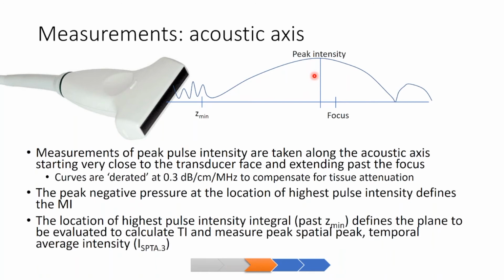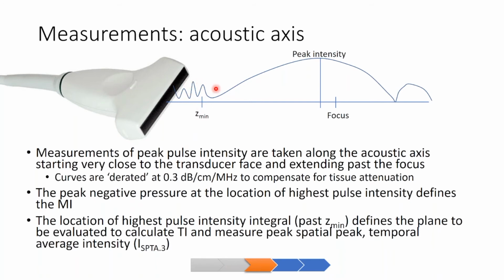The peak negative pressure at the location of highest pulse intensity defines the MI, and that single value combined with the frequency allows us to establish the MI for the output display standard. The location of the highest pulse intensity integral, subject to the limitation that it be further than Z min, defines the plane which we will then evaluate to calculate TI and to measure the spatial peak temporal average intensity, which is also reported.